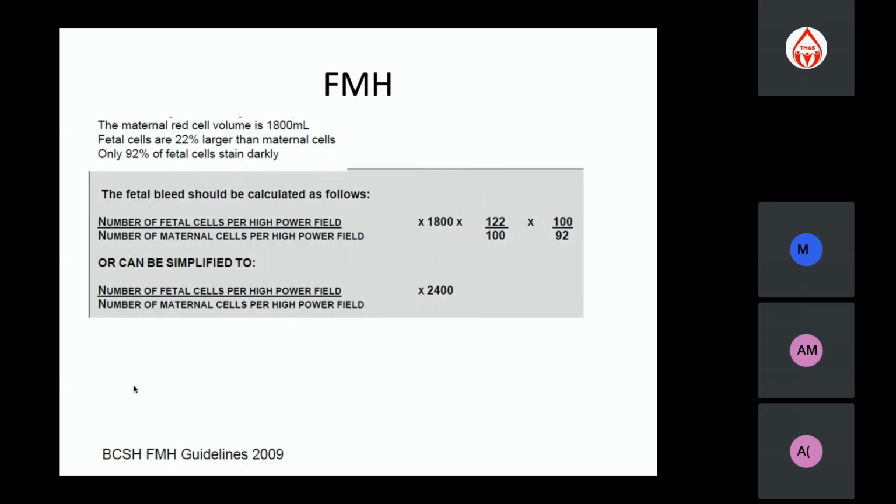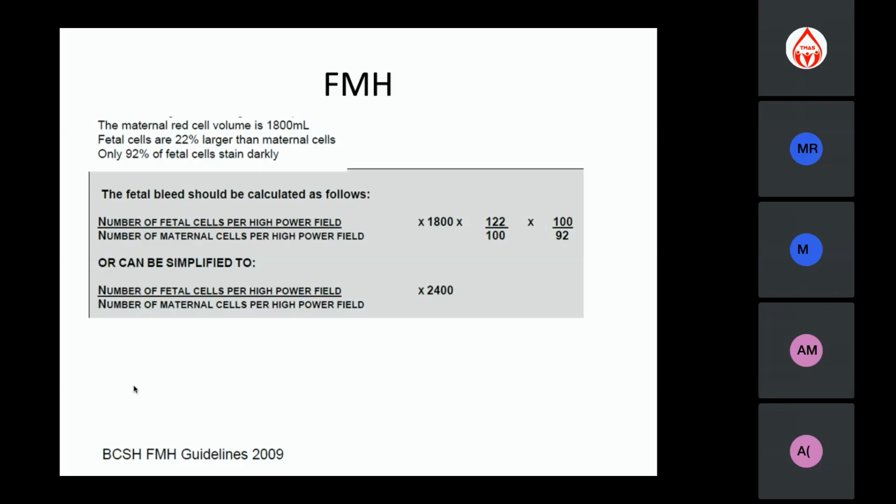Using this, the fetomaternal hemorrhage can be calculated as the number of fetal cells per high power field divided by the number of maternal cells per high power field, times 1800, that is the maternal red cell volume, times 122 by 100. That is because the fetal cells are 22% larger than the maternal cells, so it is 122.